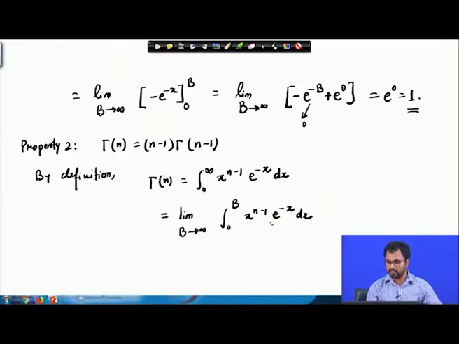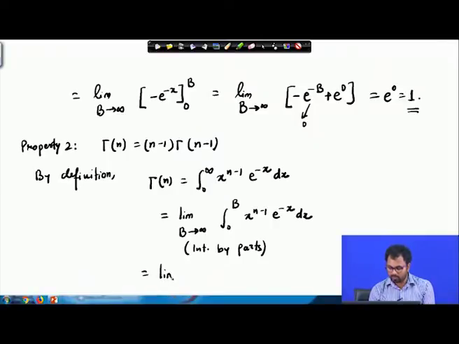And now, we will integrate this by parts. If I integrate this by parts, what will happen?